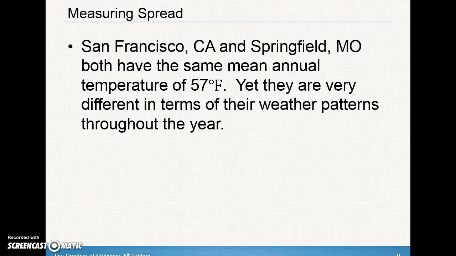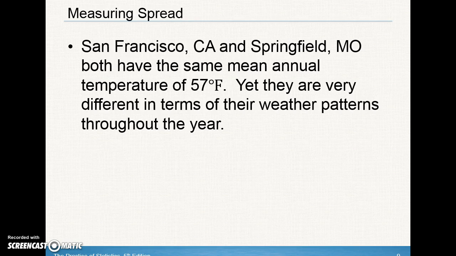Let's talk about, so what is the mean and the median? The mean and the median tell us about where the middle of the data is, but they don't tell us anything about what the data looks like. They don't tell us anything about the spread. For example, San Francisco, California, and Springfield, Missouri both have the same mean annual temperature of 57 degrees Fahrenheit, yet they're very different in terms of their weather patterns throughout the year.